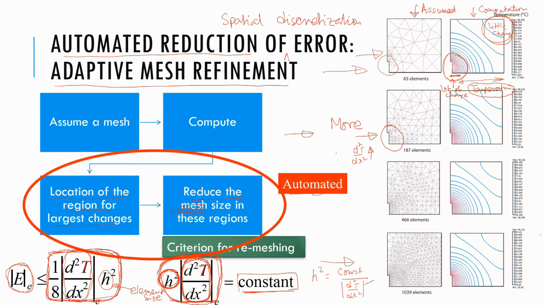Because you know the solution, you know this quantity, so that will give me an idea of what the element size is going to be. So the whole process is automated, so that's very convenient. And there are several software that actually implement this, and we'll just see one of them.